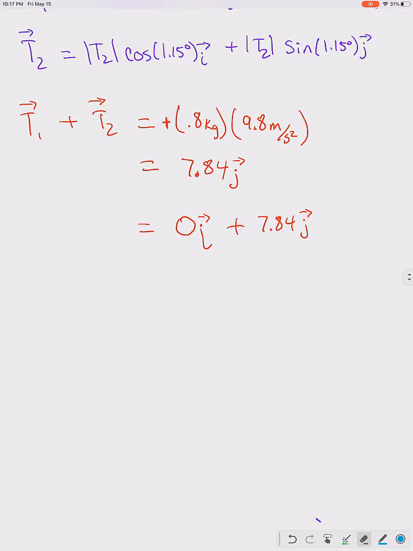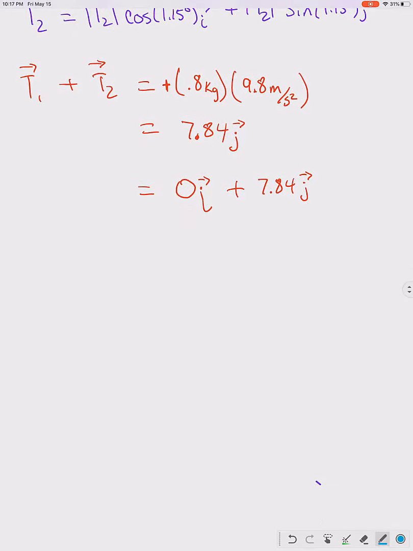Okay, so let's solve this thing. So how do we solve it? Well, we're adding T1 and T2 together. So since we're adding T1 and T2 together, let's put the components together.